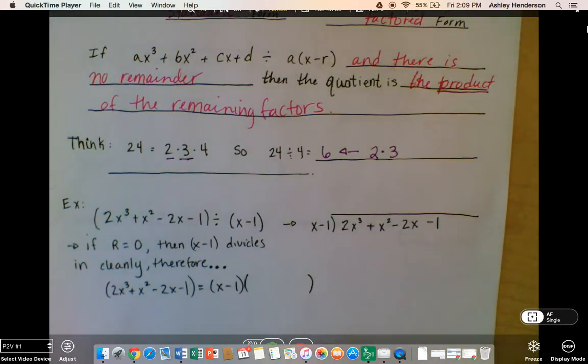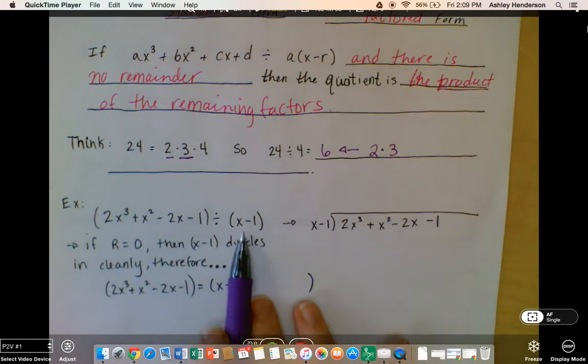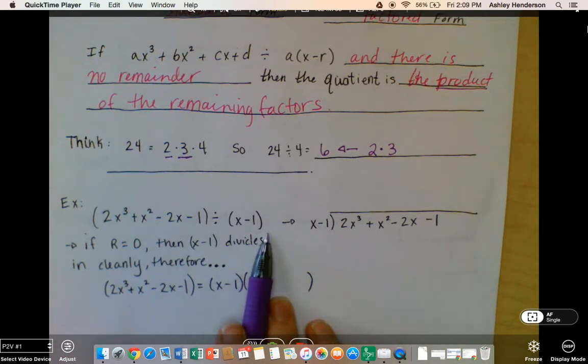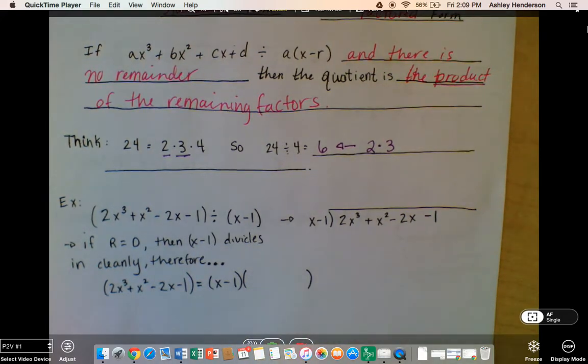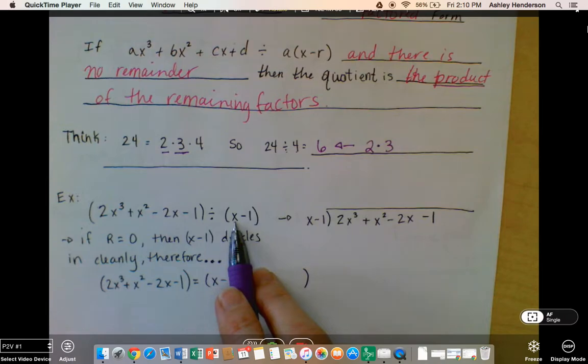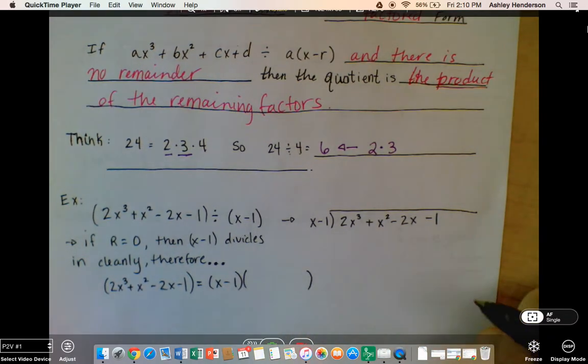So let's look at an example. Let's say I'm looking at this cubic here, and I want to know if x minus 1 is a factor or not. Does it go in cleanly? In other words, if I were to graph this cubic, would it cross the x-axis at x equals positive 1 and get a 0 out? So is it a factor?